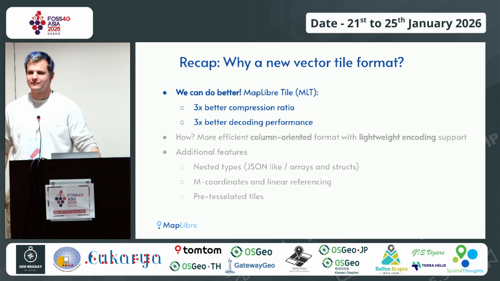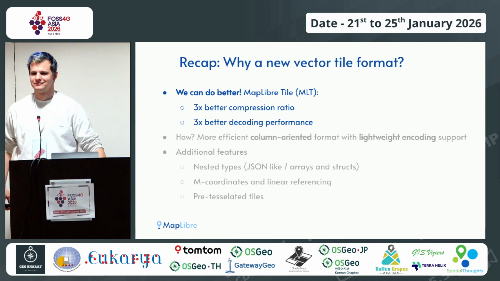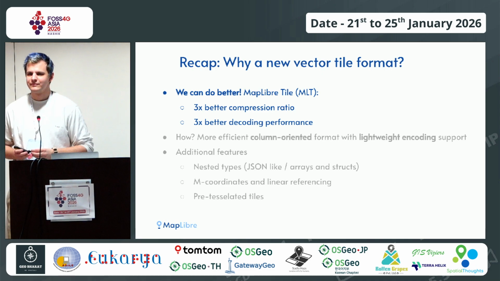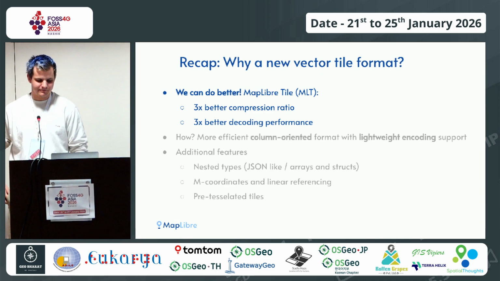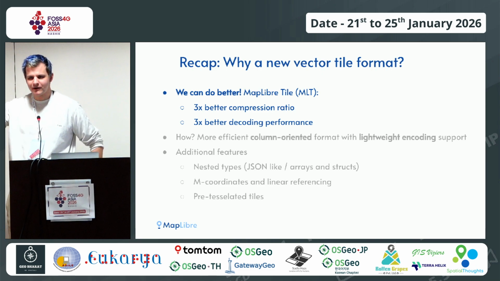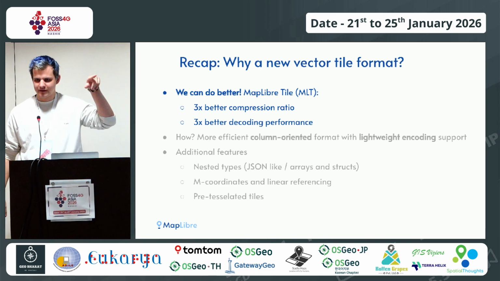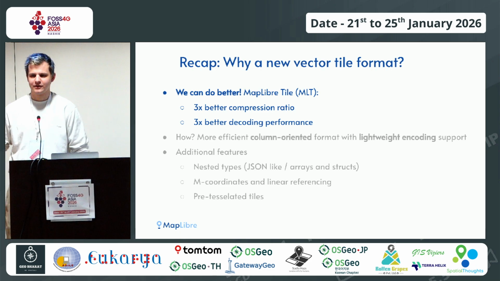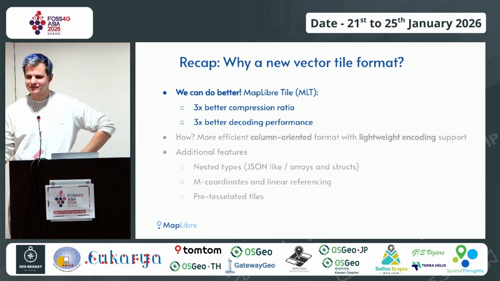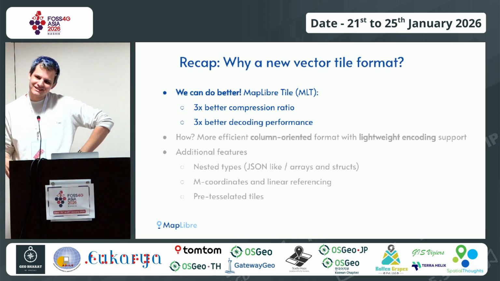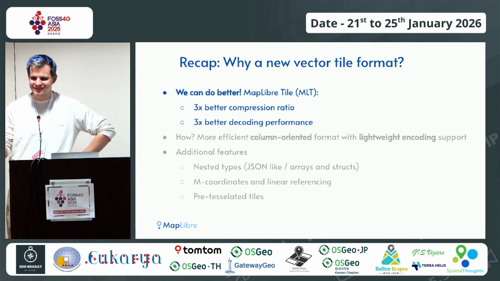Hello. Hi. If I want to generate MLT tiles, how can I generate them? With Planet Tiler. Very simple. Planet Tiler has a flag where you can specify that. Currently, it's defaulting to MVT, and if you set the Planet Tiler flag to MLT, you're generating MLTs.